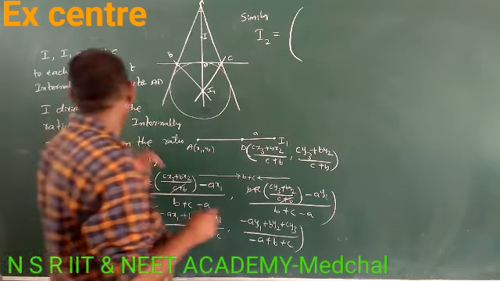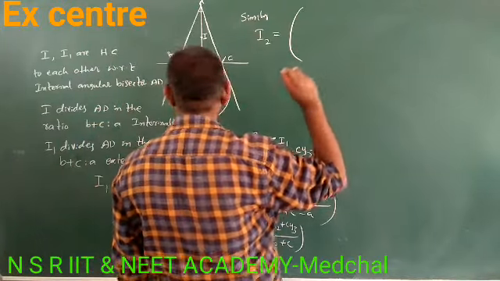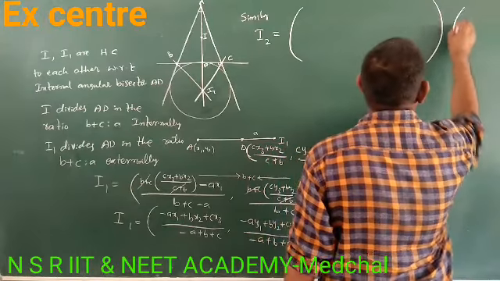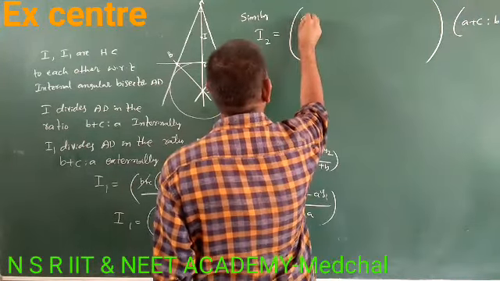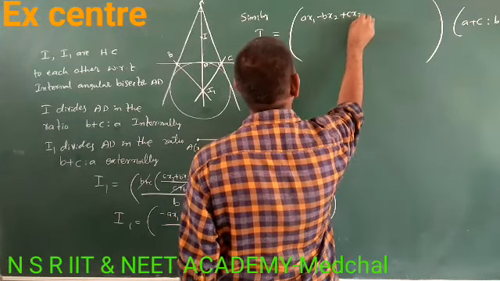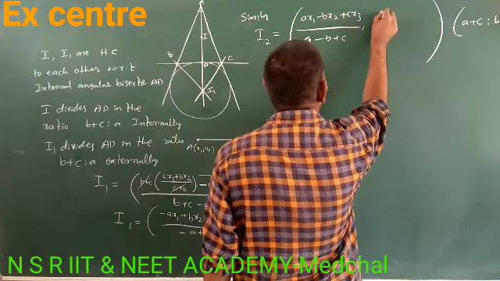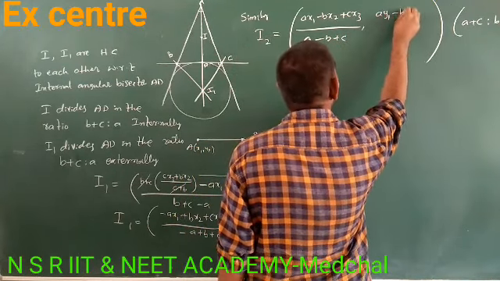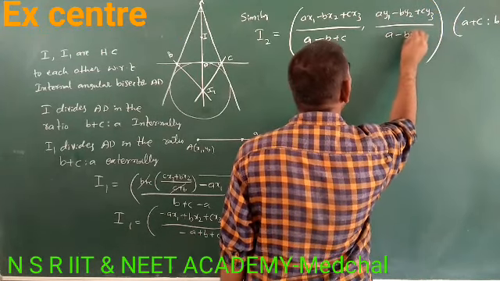In I2 the ratio is A plus C is to B, so B carries the minus sign. The formula is (A x1 minus B x2 plus C x3) by (A minus B plus C), and (A y1 minus B y2 plus C y3) by (A minus B plus C).